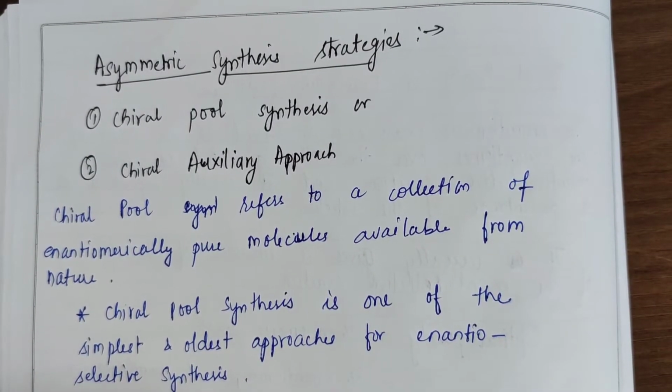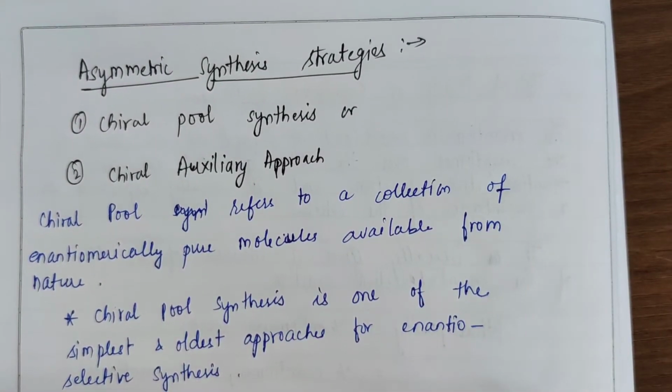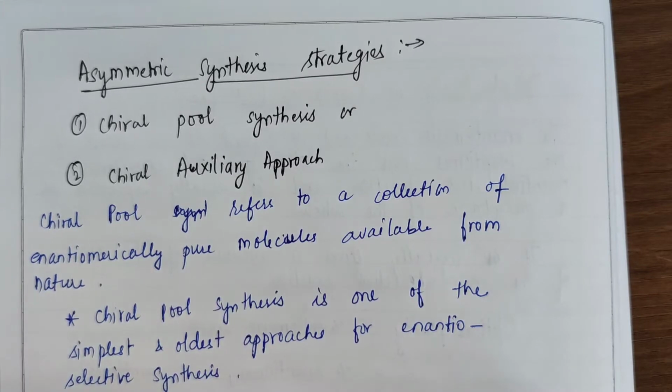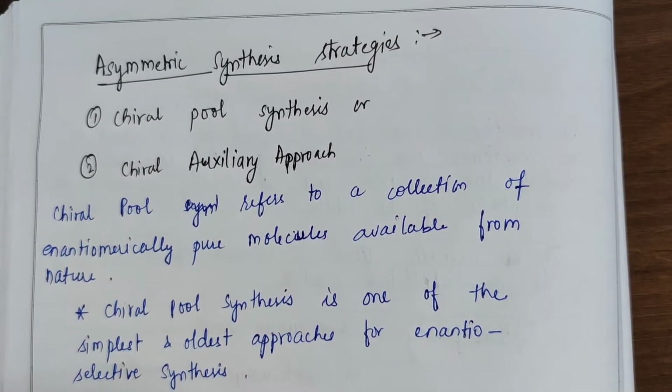Now for asymmetric synthesis, there are two ways. One is chiral pool synthesis, another is the chiral auxiliary approach. So what happens in chiral pool synthesis? Enantiomerically pure molecules which are available in nature are used to synthesize a new molecule.